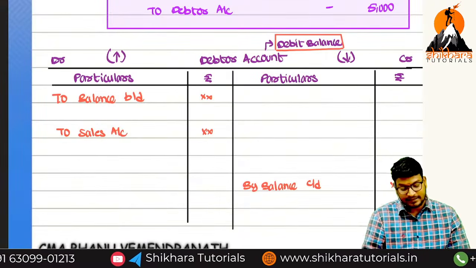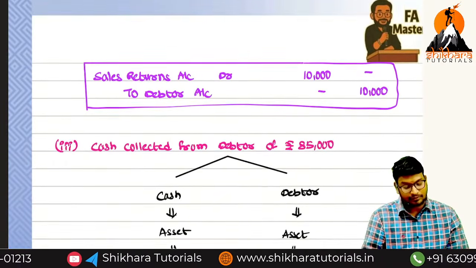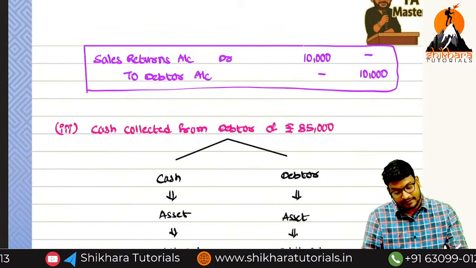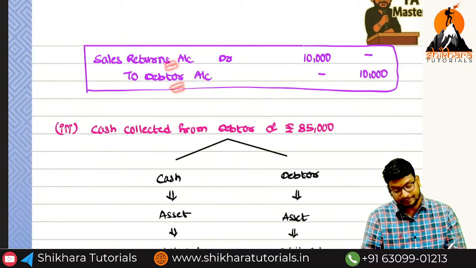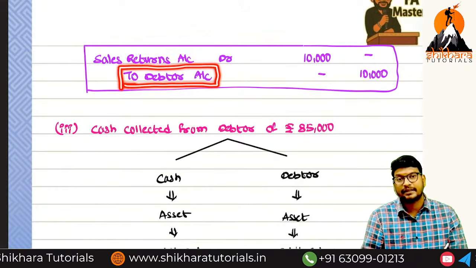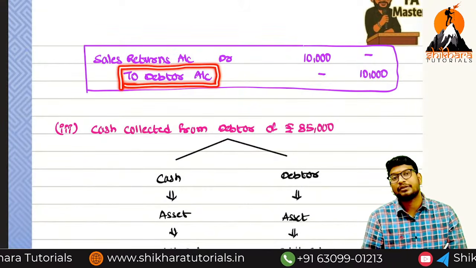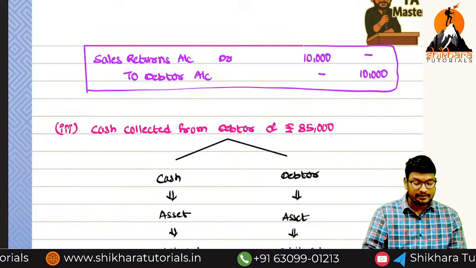And next, what is the next transaction we have prepared? Sales returns. So go to the sales returns account. What is the entry here? Sales returns account debited to debtor account. Now in this particular transaction, journal entry, debtor is debited or credited? Credited. In the debtor account, which side we have to record? Credit side with the name of opposite asset of sales returns.